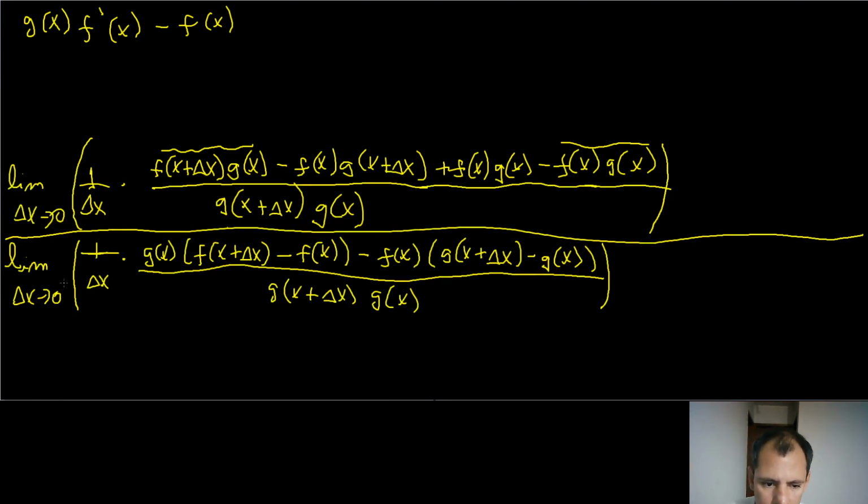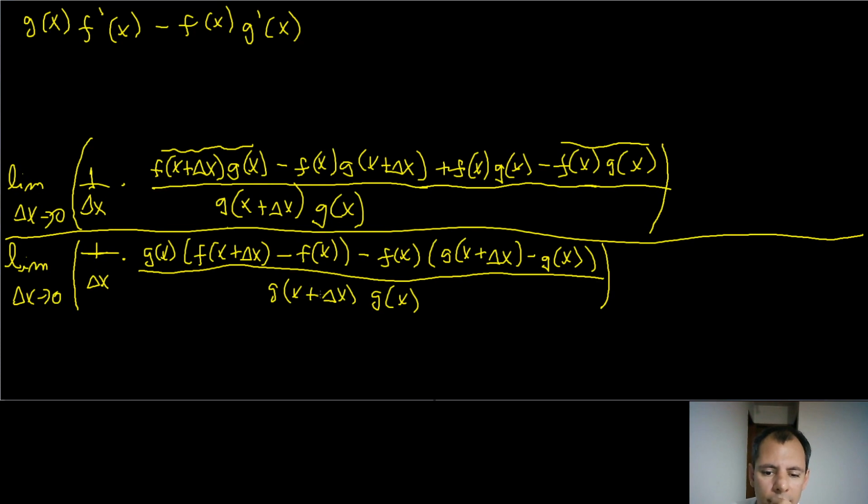Divided by delta x as delta x approaches 0. Well, that's just the derivative of g of x. Okay? So you took care of this numerator. This big numerator here is just this. Fine.